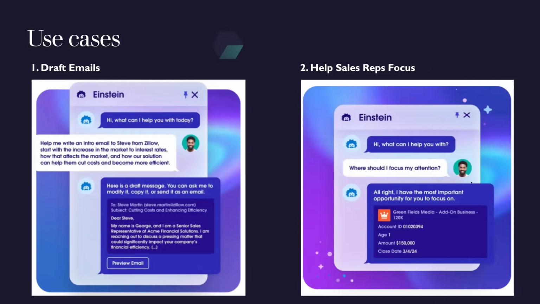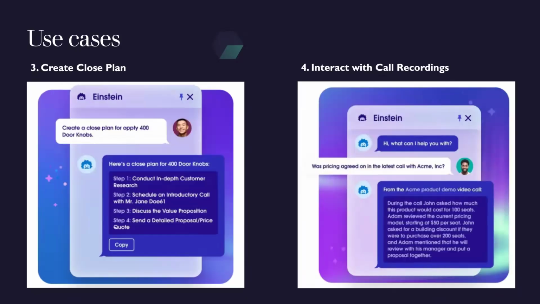For example, at the beginning of the day, when your sales rep comes in and logs into Salesforce, they can ask the agent where exactly they should focus. So the agent can help with that as well. It can create closure plans as well. For example, there's an opportunity and you want a step-by-step plan from your agent to close that opportunity, so you can get that as well.